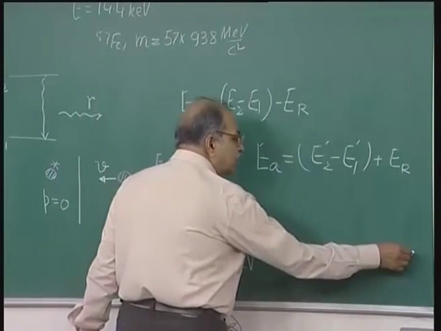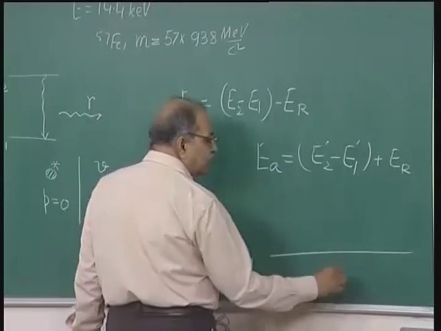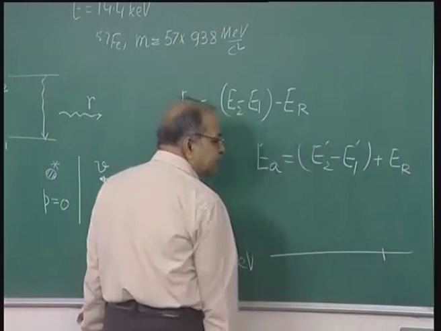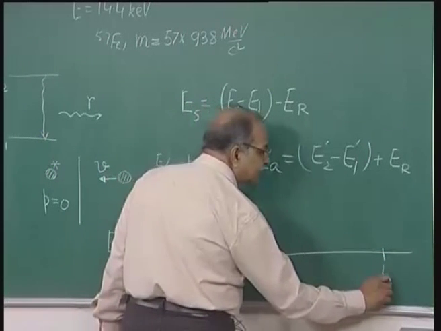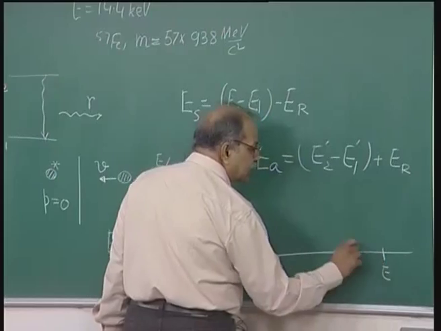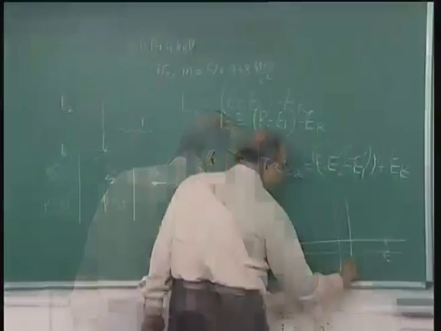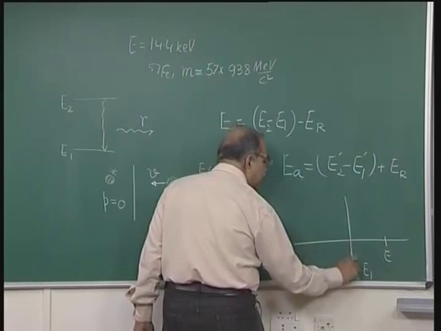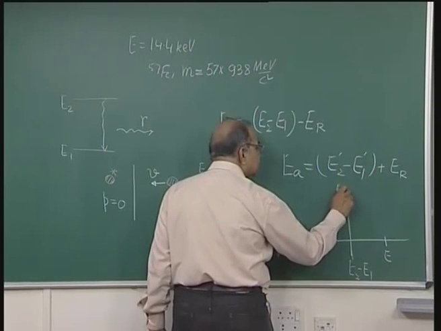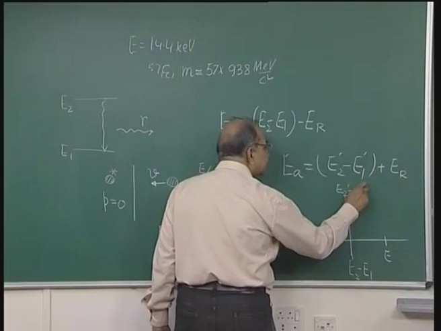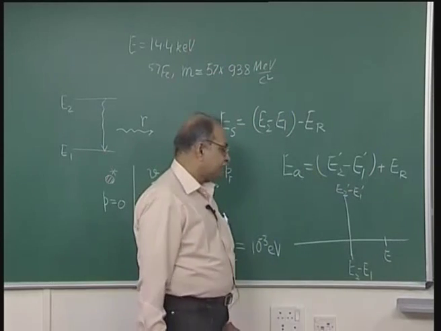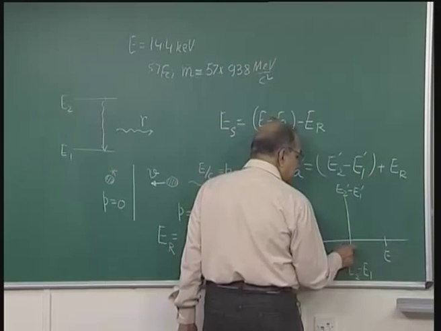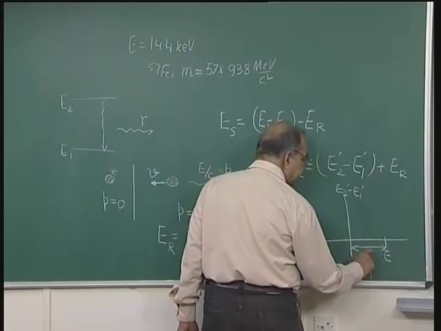So, how will the resonance absorption take place? The energy of the gamma ray which is needed is this much. If this is, say, E2 minus E1, which is almost the same as E2 prime minus E1 prime also, because that difference is only 10 to the power minus 8 electron volts, and this is ER.